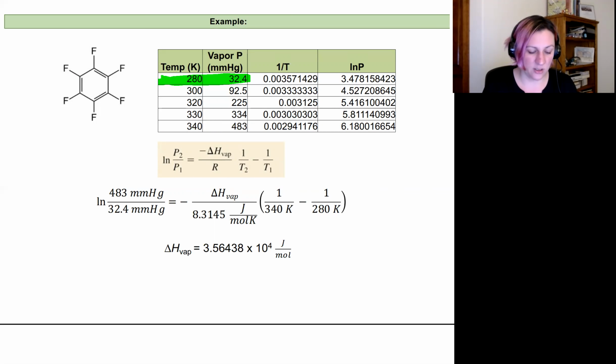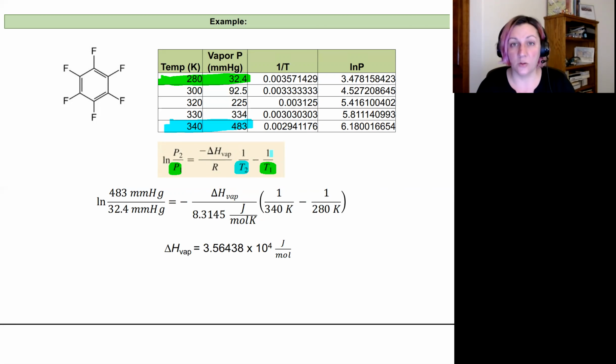Actually, let's change this color so it's easier to track. Our T1 is going to be the lower one right here, that's the 280. Our first pressure is P1, which will be on the bottom of our ratio for our pressures. Then our second data point is T2, which is the first of the two in the temperature component of this equation, and P2 is the numerator of our fraction of pressures.